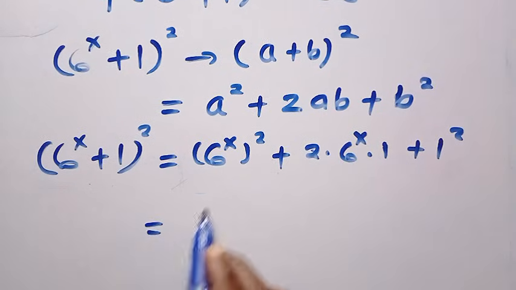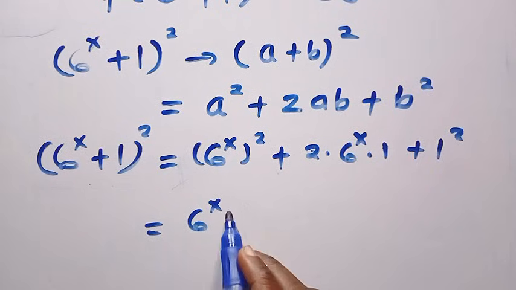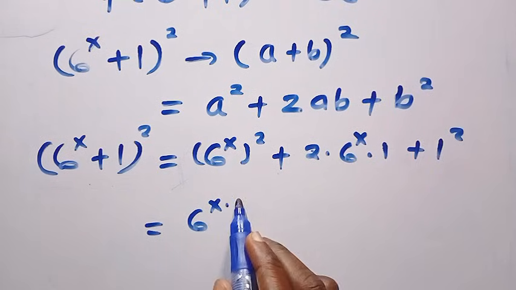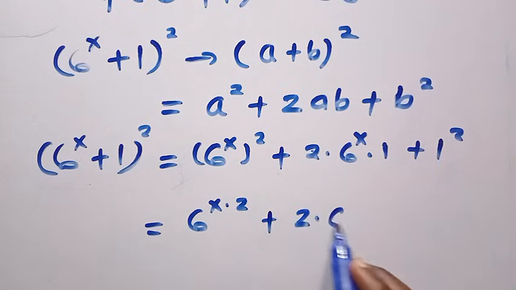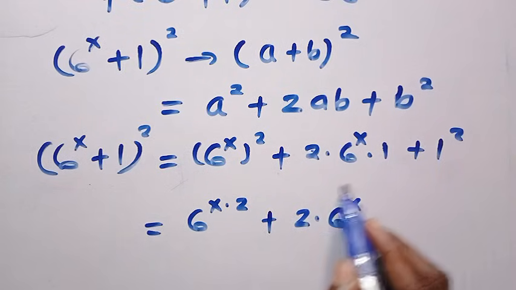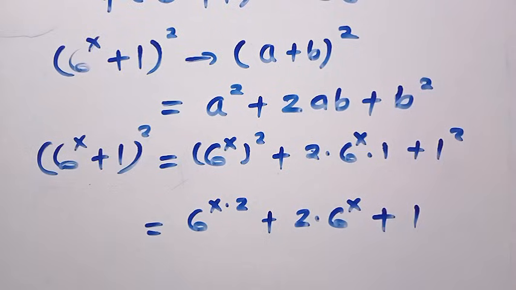The next step: we have 6 power of x raised to the power of 2, so we can just say multiply by 2, plus also we have 2 multiplied by 6 power of x multiplied by 1, so that's gone, plus 1 raised to the power 2, that is 1.